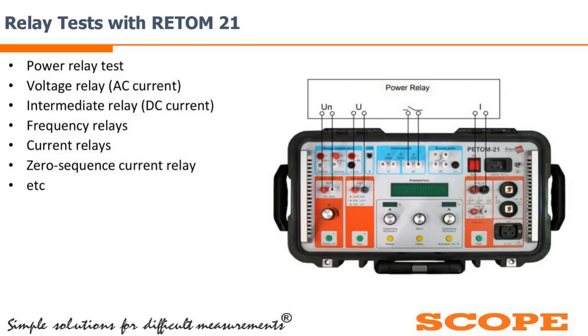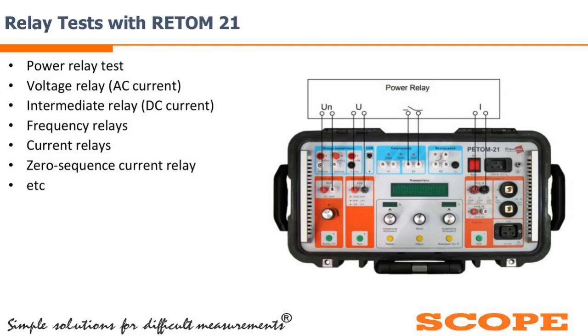Relays can be divided into two groups based on the kind of current, AC or DC, and also based on the operation of the contacts. There are two types: quick acting intermediate relays and slow acting intermediate relays.